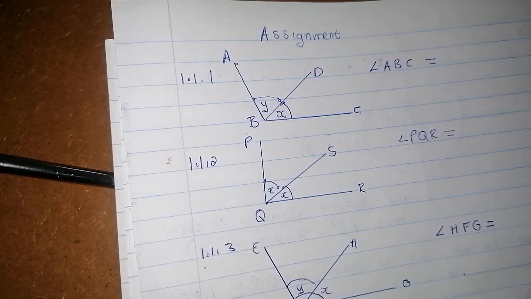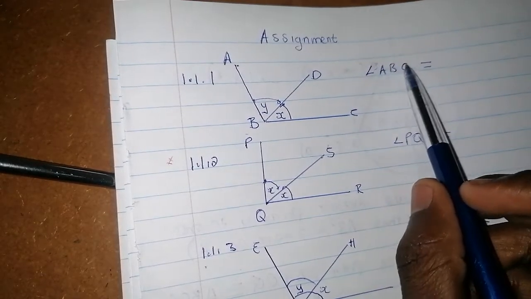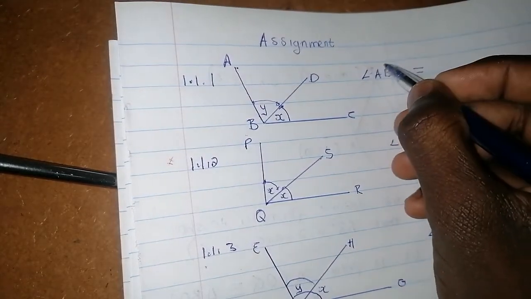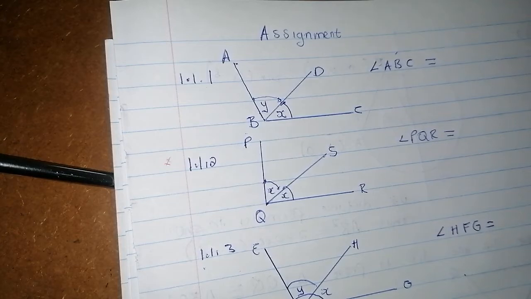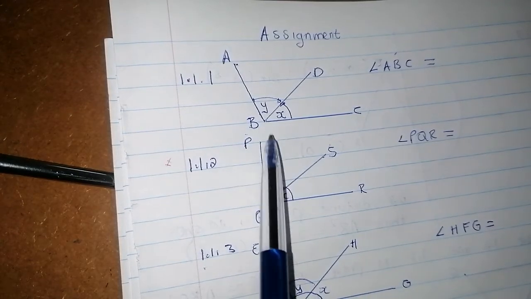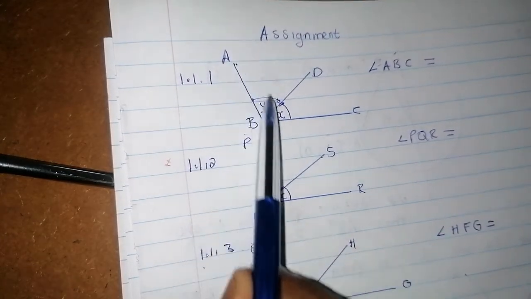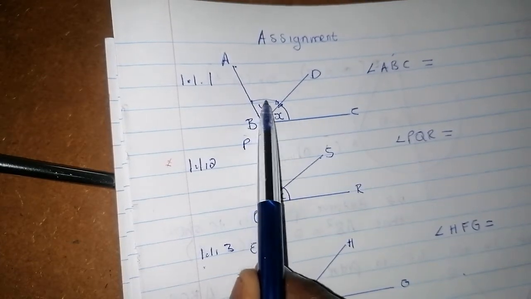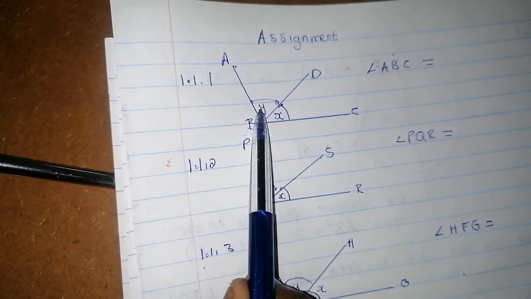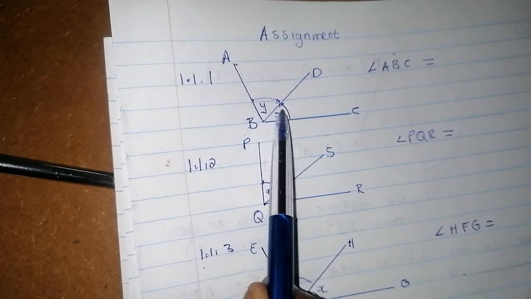Here we are given this diagram and told to recreate angle ABC, meaning this angle. Looking at this diagram, which one is B? This one is A, B, C. Or this one. So angle A is y plus x.